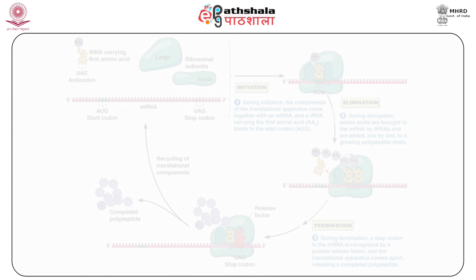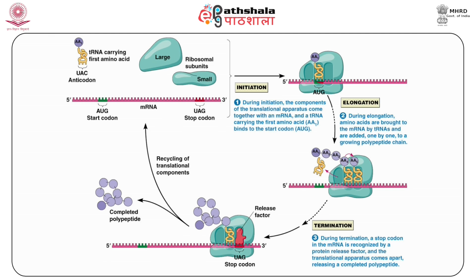Steps involved in translation. There are 3 steps involved in the translation process, which are initiation, elongation, and termination. First step in the process of translation is initiation. Firstly, the mRNA attaches itself to a small subunit of ribosomes at the initiation codon sites, and the first tRNA attaches.